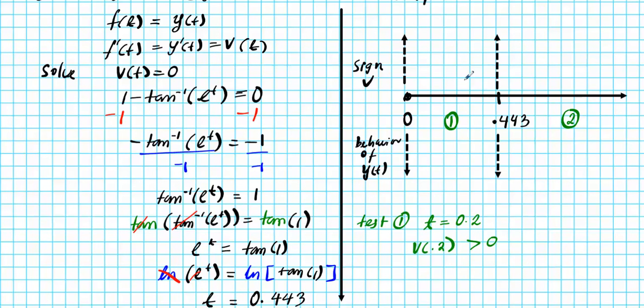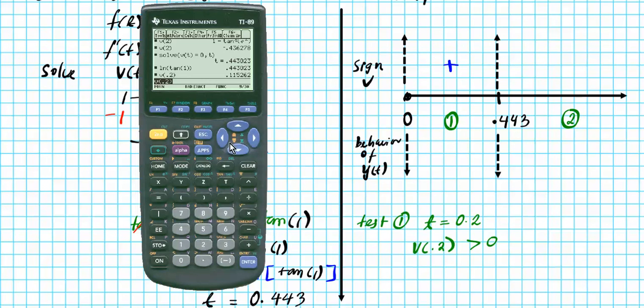So on this interval, the velocity is positive. And then how about beyond 0.443? So remember, we already did v of 2 before, right? What was it? It was negative, right? See right here, v of a value bigger than 0.443, let's say v of 2, it's negative. See?